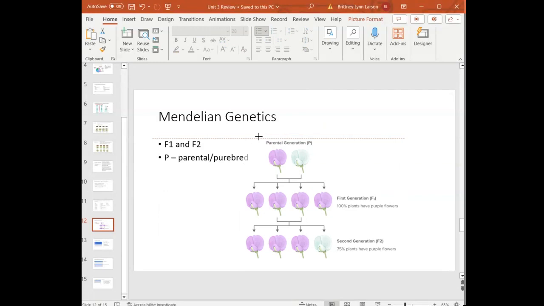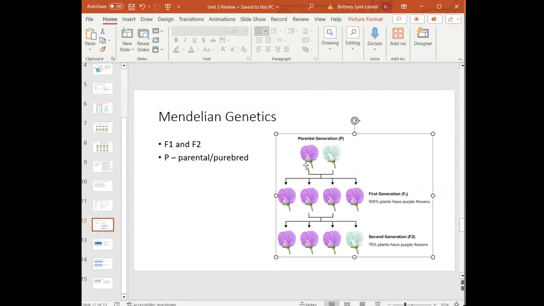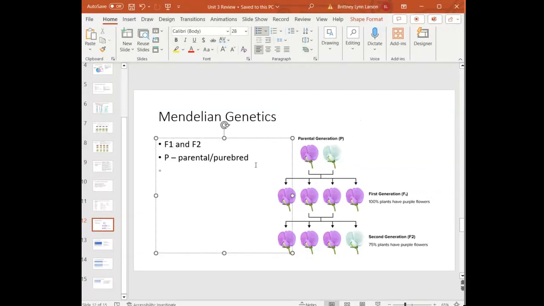I know that my P's are either white or purple, and if I let them self-fertilize, they're always going to be white or purple depending on what the parent was. But if I cross those P's, my first generation is my F1 generation. My F1 generation in this instance are all purple, which means they inherit the dominant allele from the purple lineage and the recessive allele from the white lineage, making them heterozygous.